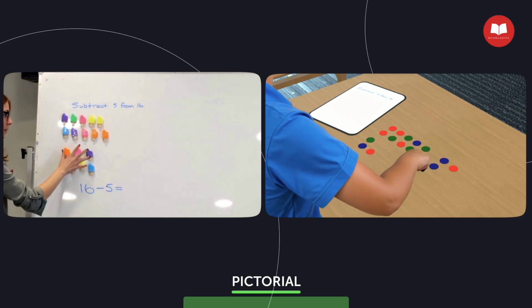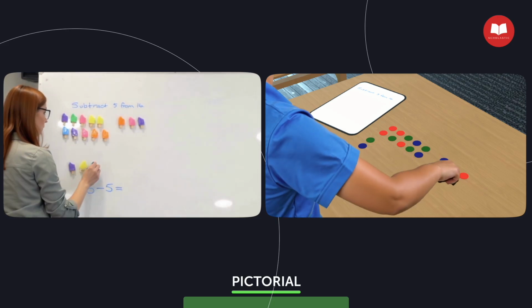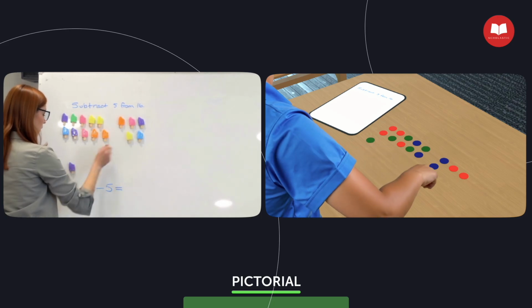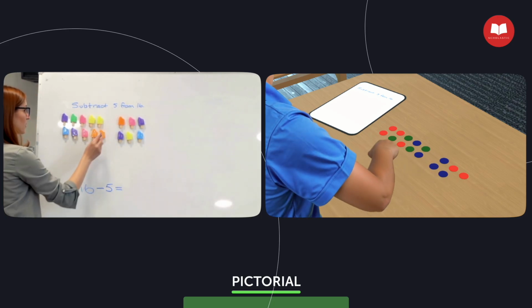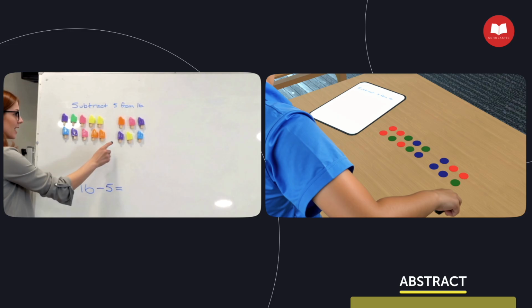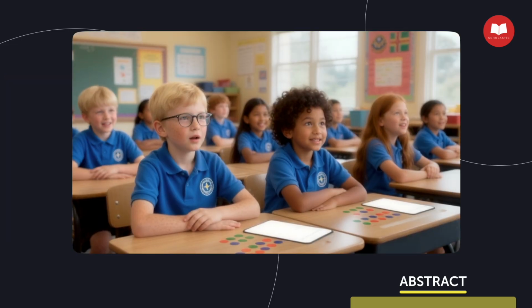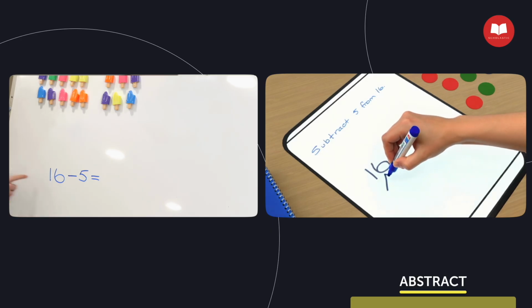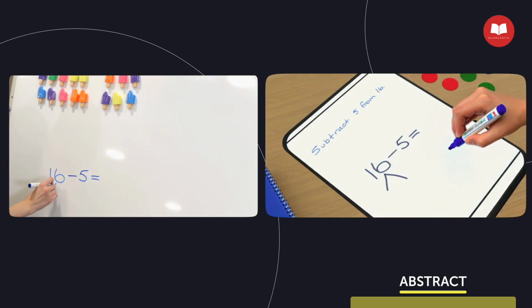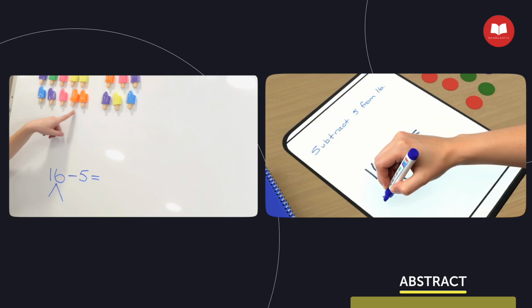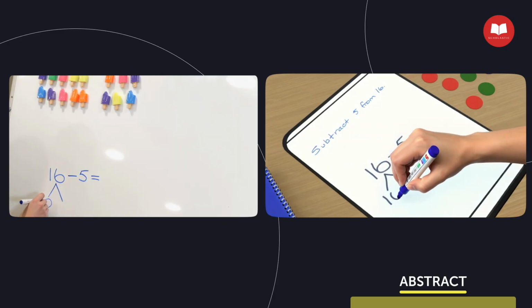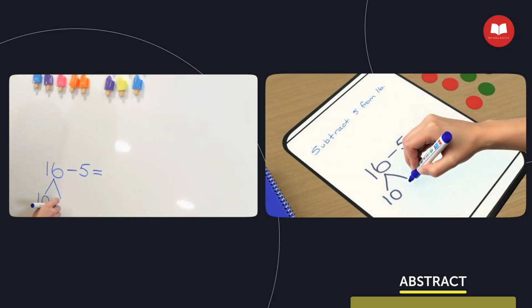Let's do that. So now what do I have? I have 10 and 6 more. What does our split show? 10 and 6. Let's write that under our number sentence. 16. Now it's 10 and 6 more.